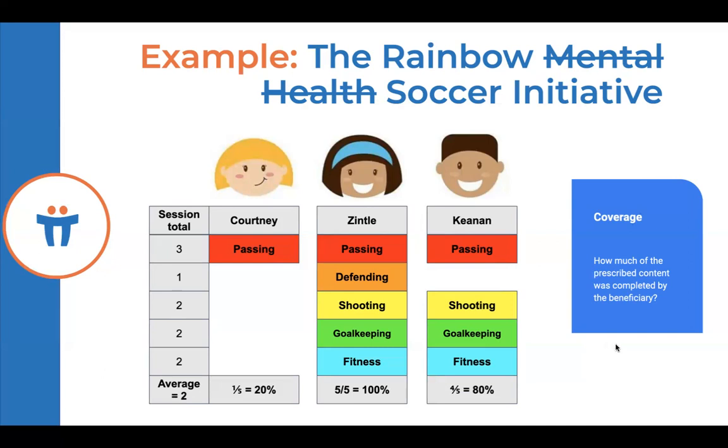Anyone else any thoughts on what we mean by coverage in this context here? Okay, yeah, so our coverage would be minimal because it's one prescribed content that we try to get in as many places as possible, which is then a stepping stone to the next level of our development.